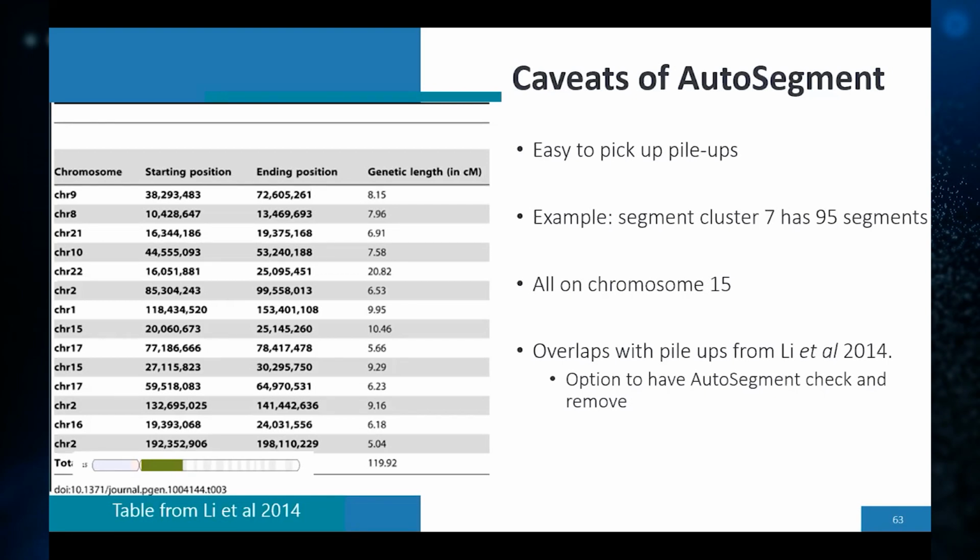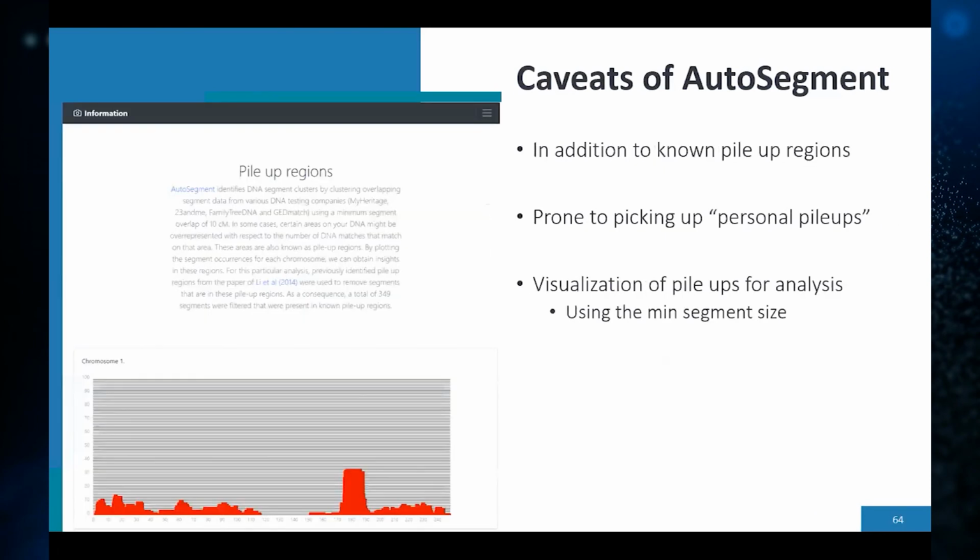It's possible to see those personal pileups by looking at a chart that I also create. It's a chart where I plot the number of segments per chromosome for the locations. This allows you to assess if you have some regions in your chromosome that have many more segments than other regions.